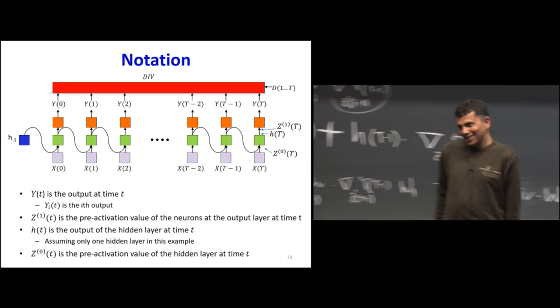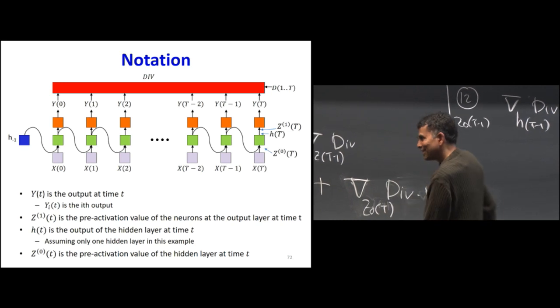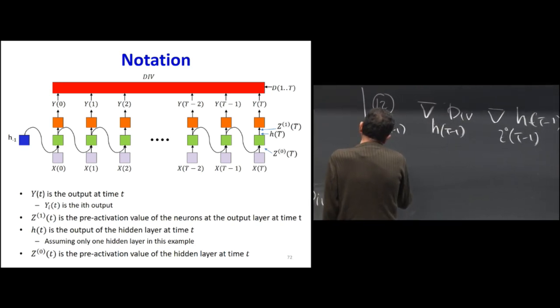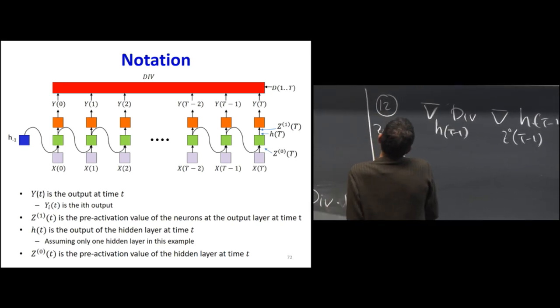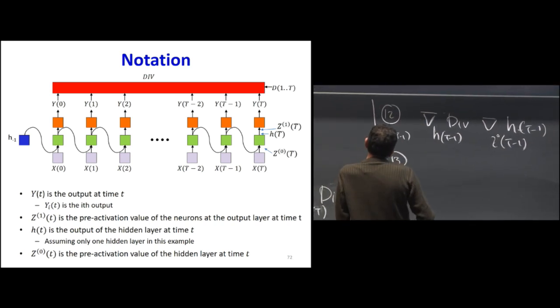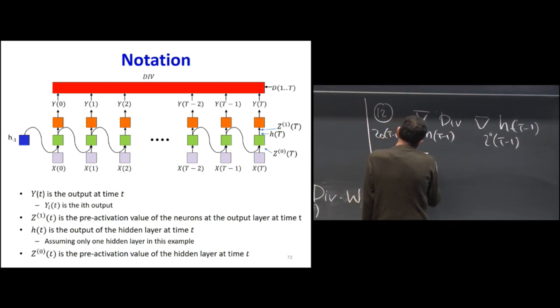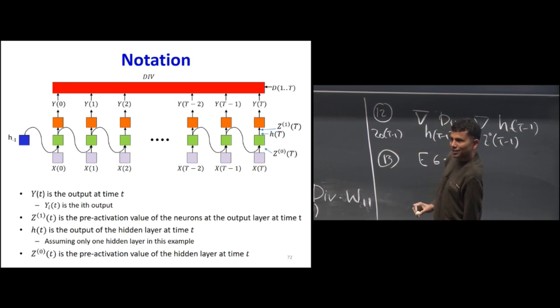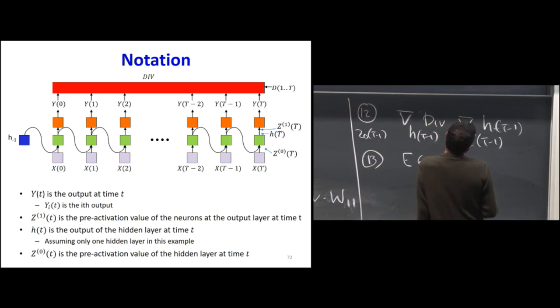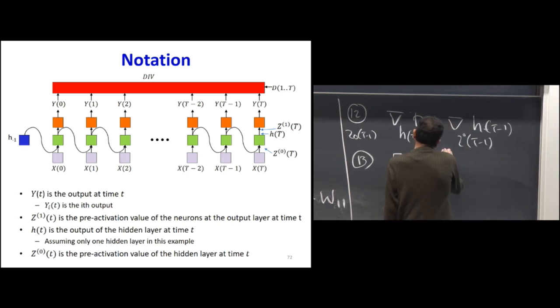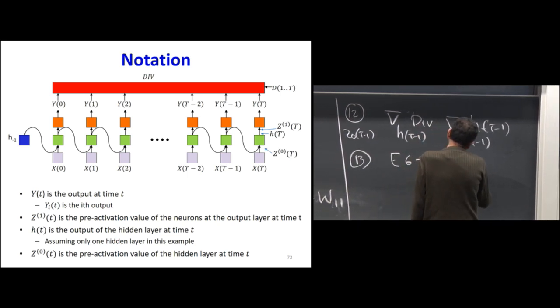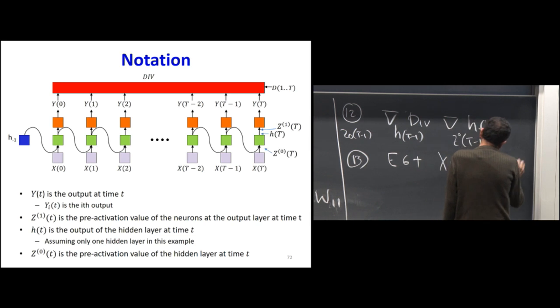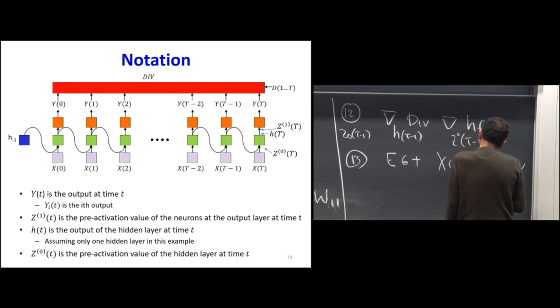Well, we'd have to first add the derivative from, so this is equation 6, right? So this is E6 plus x of t minus 1 times the derivative of the divergence with respect to z0 of t minus 1.